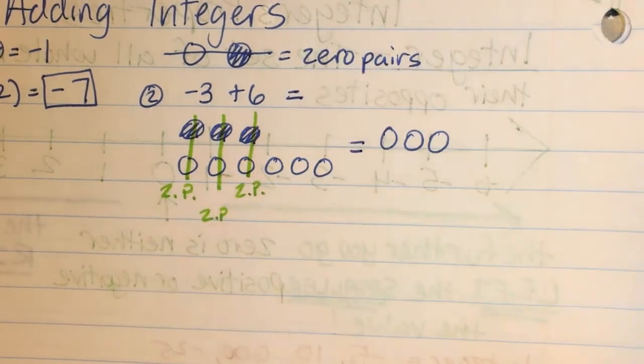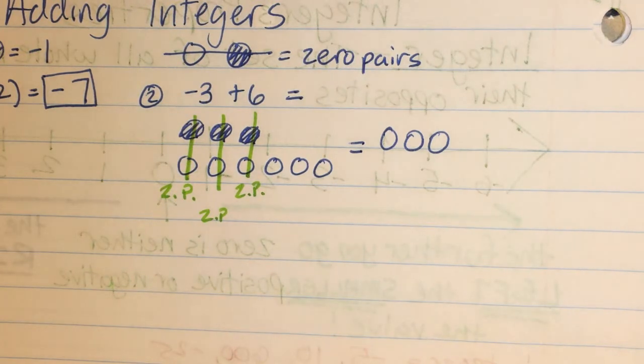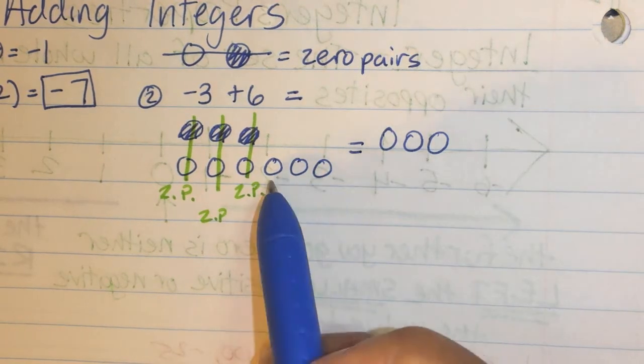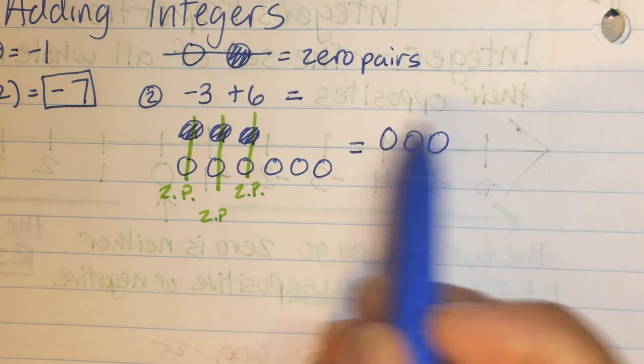So if I asked you what is negative 3 plus 6, Lucas, what's left over in this problem? What do we have? You can unmute and share. So what's left over in my question?